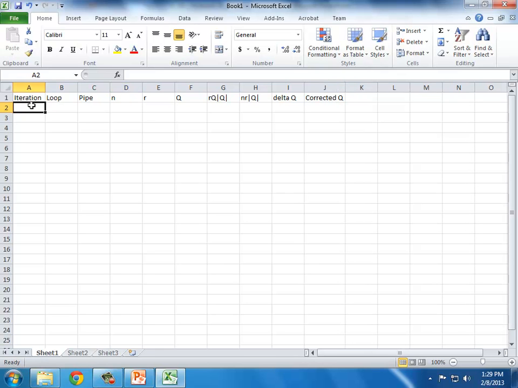Okay, we're going to have iteration 1, loop 1. The pipes there are pipes 1-4, 1-3, and 3-4. Sometimes we get confused because a pipe would be called maybe 4-3. That means the same thing as pipe 3-4. Remember that the convention here is just we're talking about its ends, and so we won't get hung up if we see it written in an opposite direction.